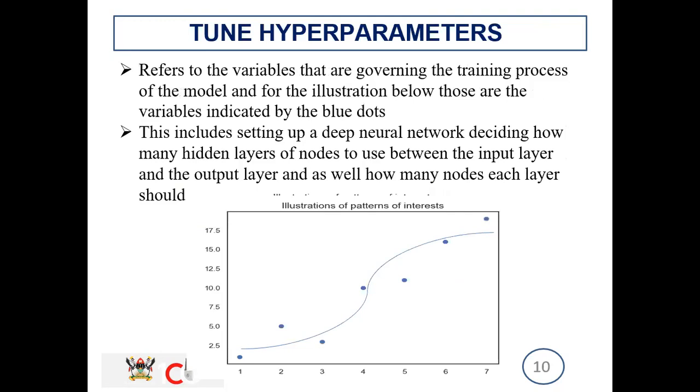Then with tuning hyperparameters, I'm simply referring to variables that govern the training process. Some variables may not be necessary during training, so you identify those that will be used in the training process and ignore others for the test process and then validation.